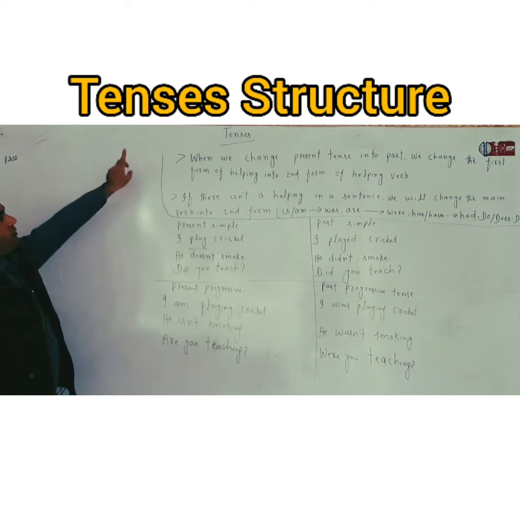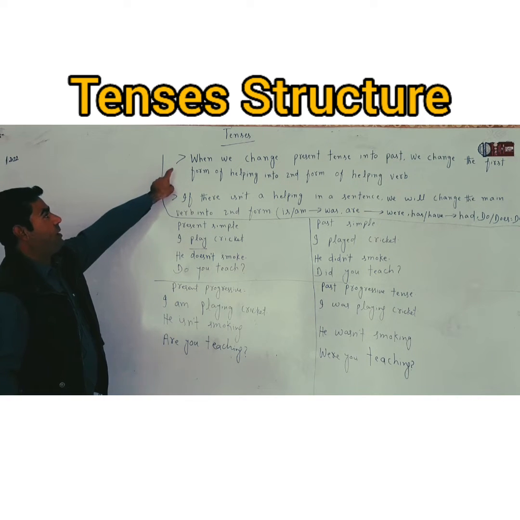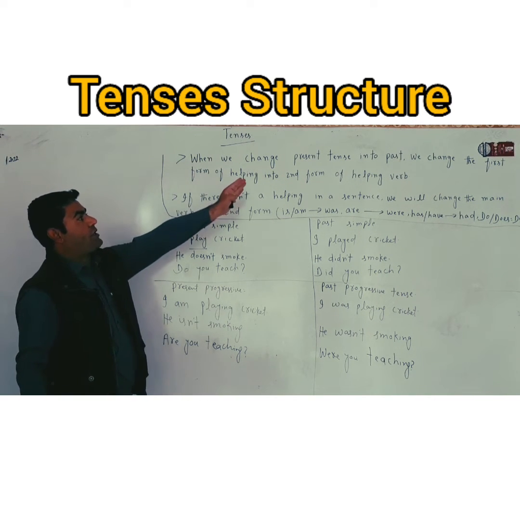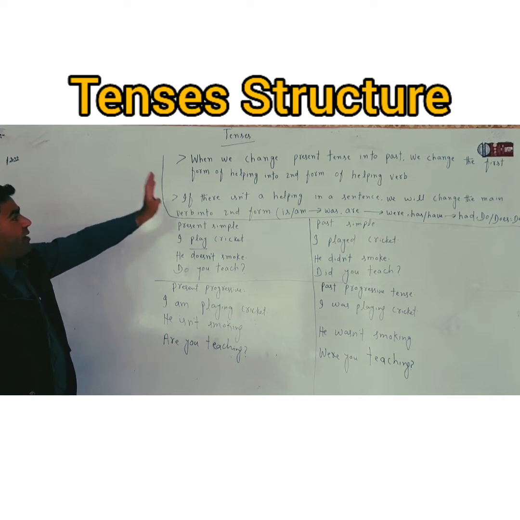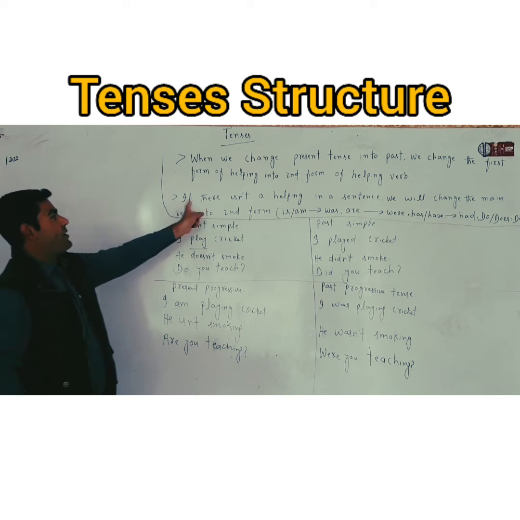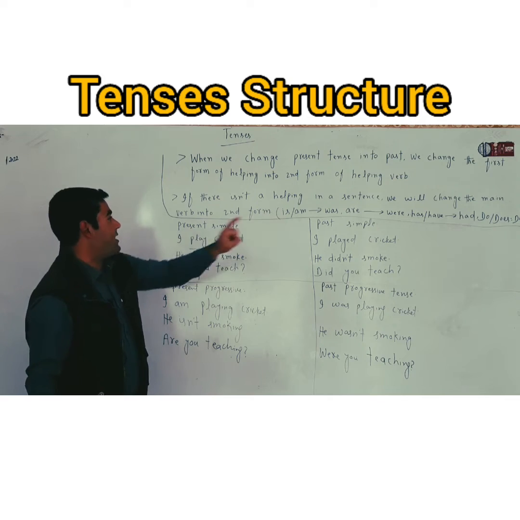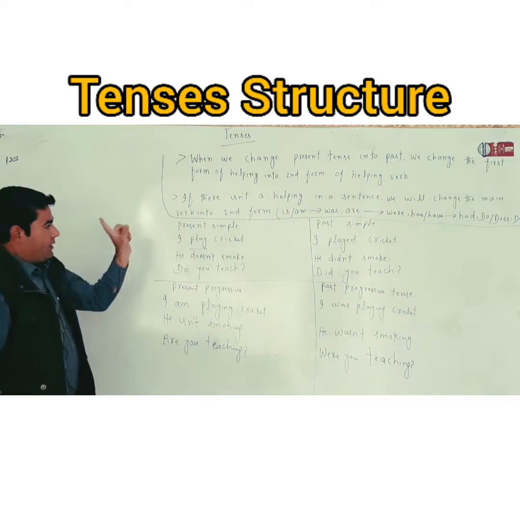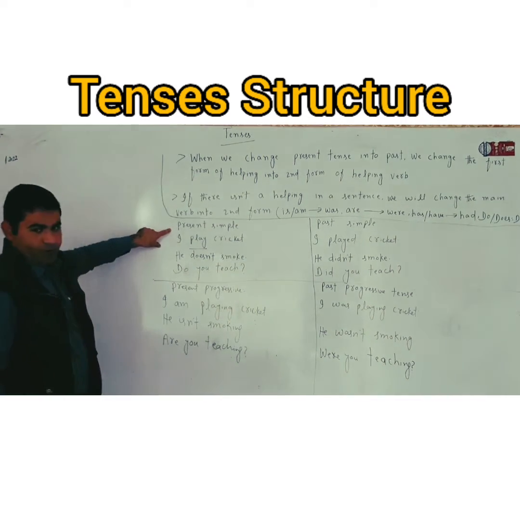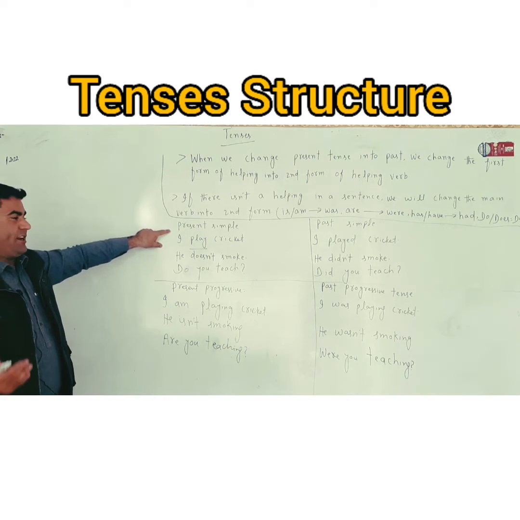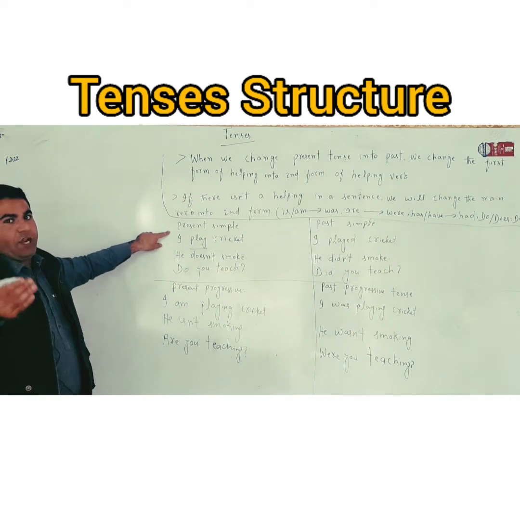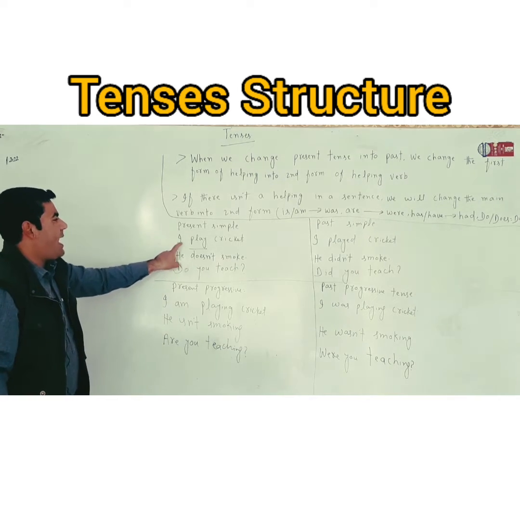For example, you just keep these two formulae in your mind. When we change present tense into past, we change the first form of helping verb to second form of helping verb. And if there isn't a helping verb in a sentence, we will change the main verb into second form. So you just see present simple tense, or you can call it present indefinite tense, which is used for daily habits, daily routine. I play cricket.